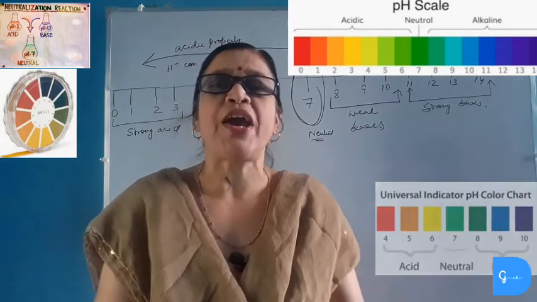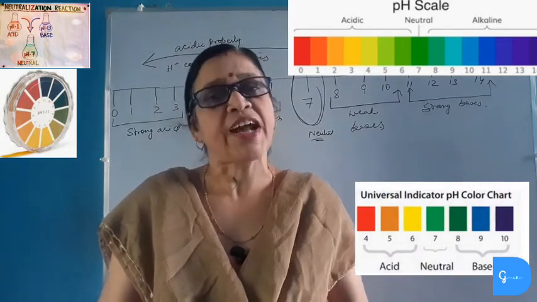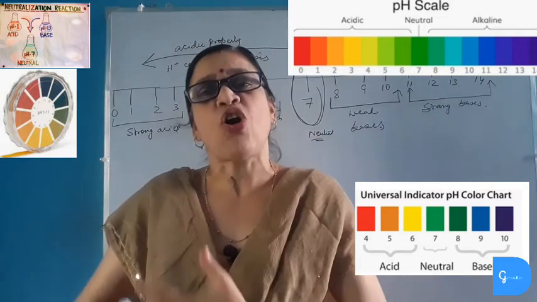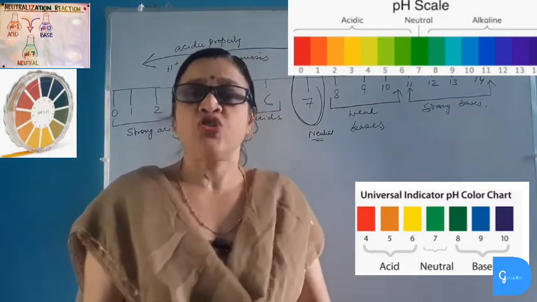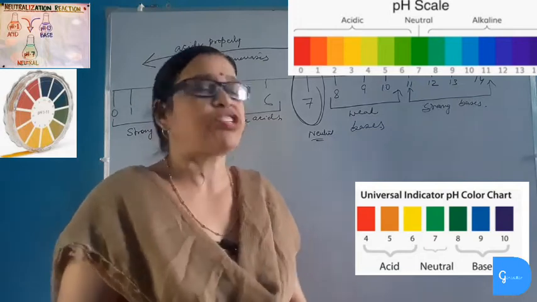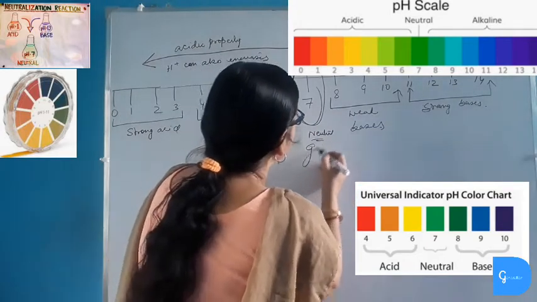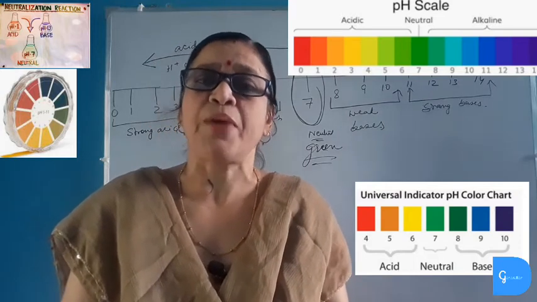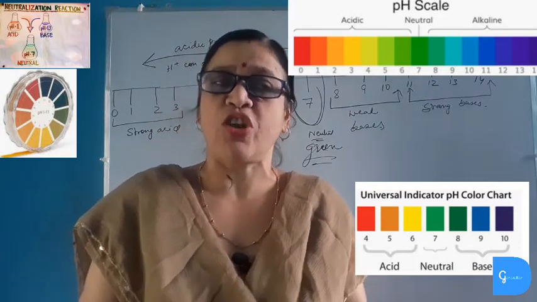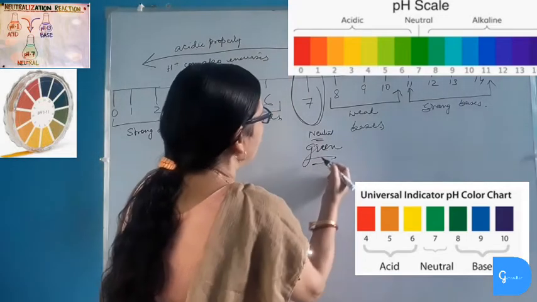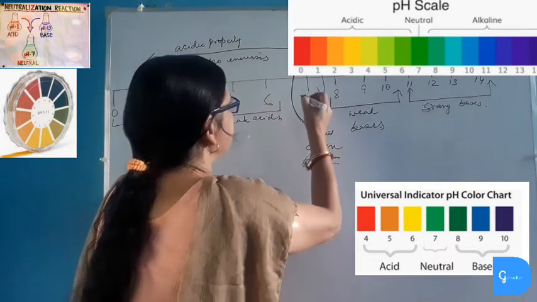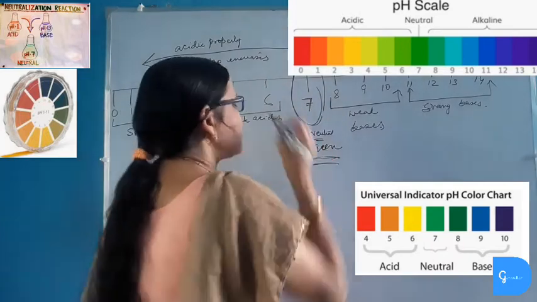And by knowing the pH of that solution, we can easily identify whether it is a strong acid or base, or a weak acid or weak base. In universal indicator, the neutral solution has green color. We must remember one thing, that universal indicator works on the measurement of the pH of the solution. So when the universal indicator shows green color, that means it is neutral, that is, it has pH of 7.